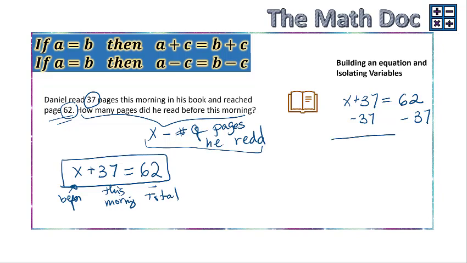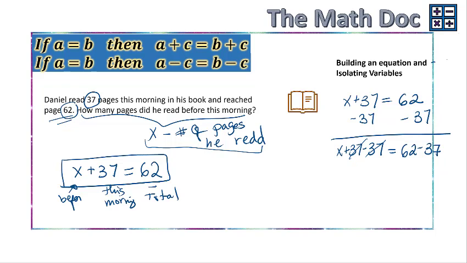We should subtract 37 from both sides of this equation. We get x plus 37 minus 37 on the left equals 62 minus 37. So x plus 37 minus 37 is x, and now we have 62 minus 37.